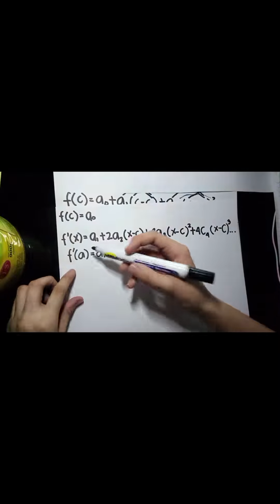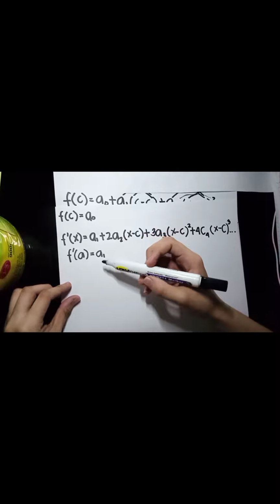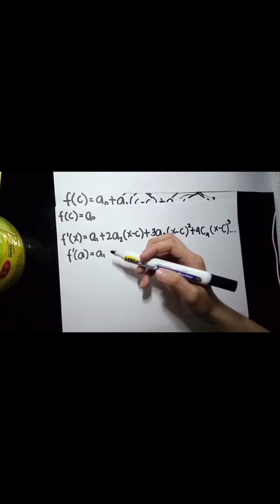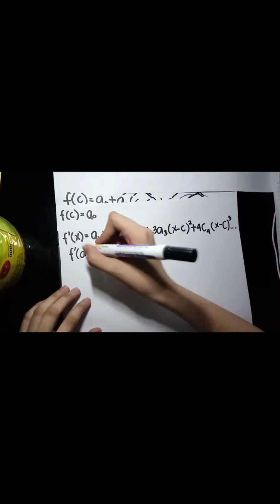So the only thing left is a sub 1. So f prime of c, the derivative of f evaluated at c, equals a1.